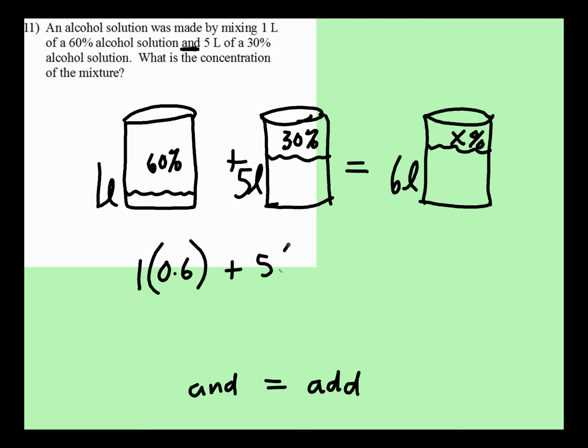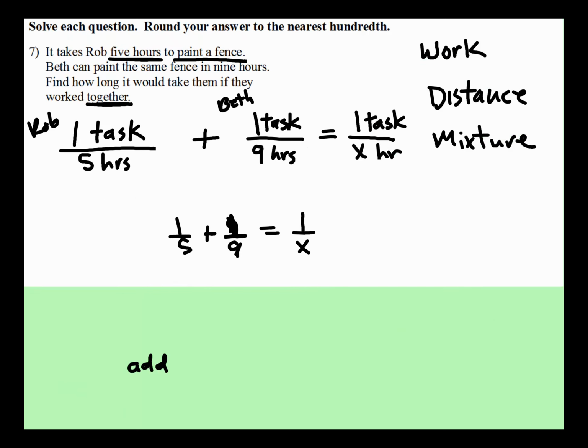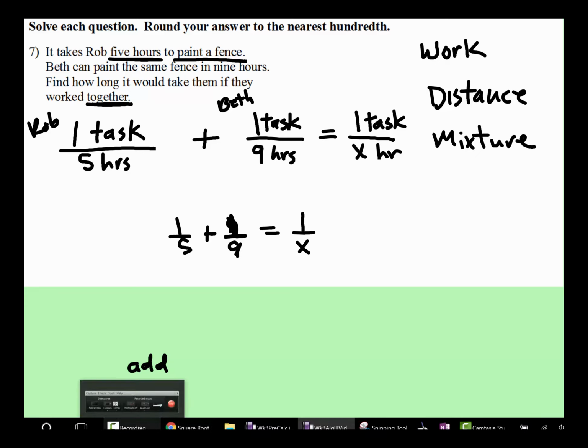So 5 times 0.3 equals 6 times x. All right, so now you just multiply this, solve for x. This is how you set up those 3 problems. Draw the diagram, and pretty soon the problems kind of write themselves.